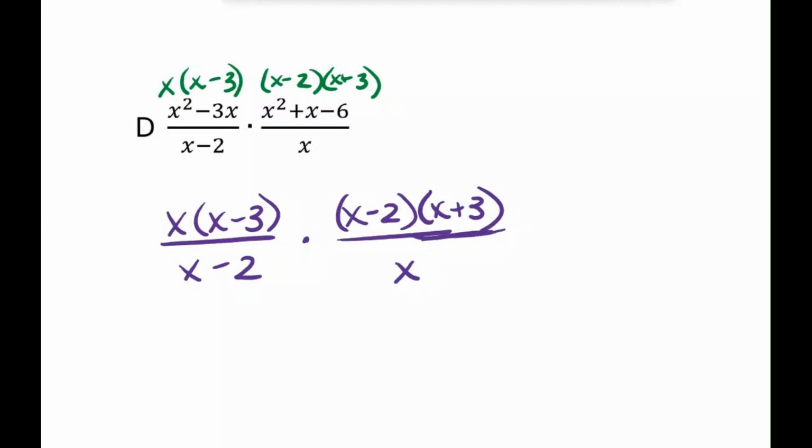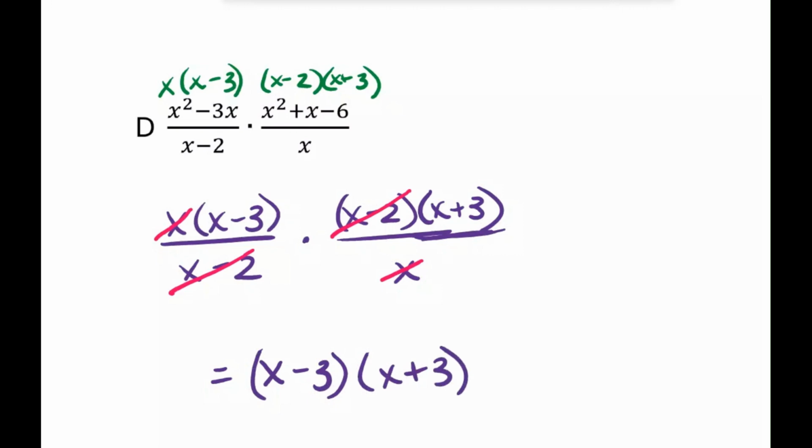So I've got an x minus 2 on bottom, x minus 2 on top. I have an x and an x. So I don't have a denominator anymore. That means I no longer have a fraction. So I have an x minus 3 on top and an x plus 3. There we go.